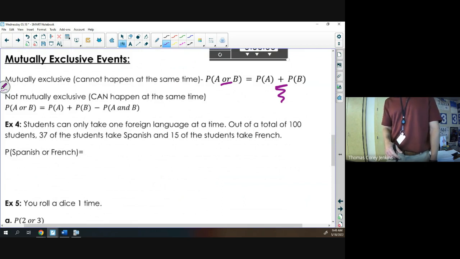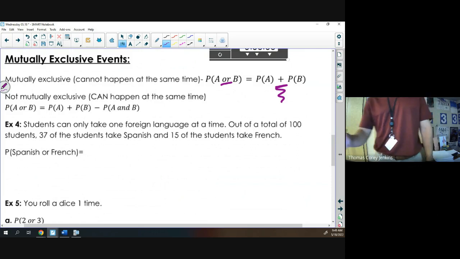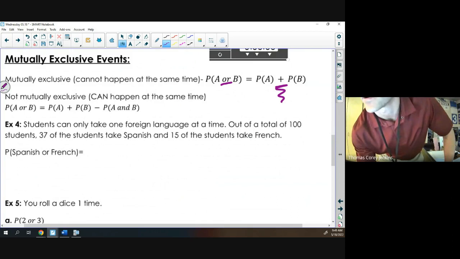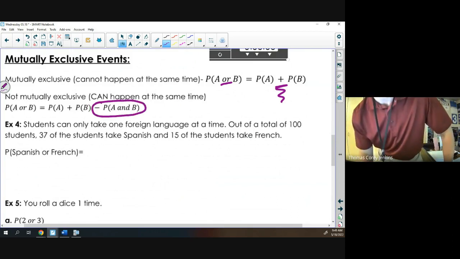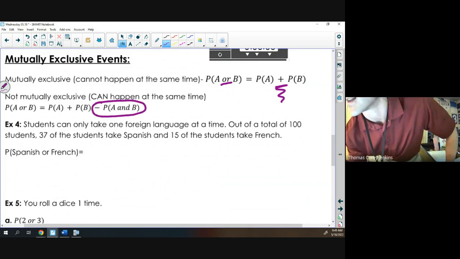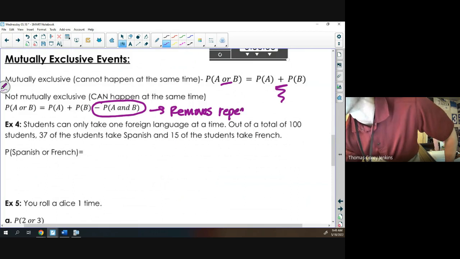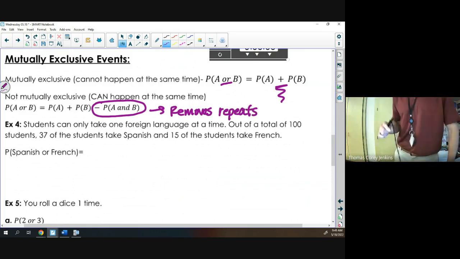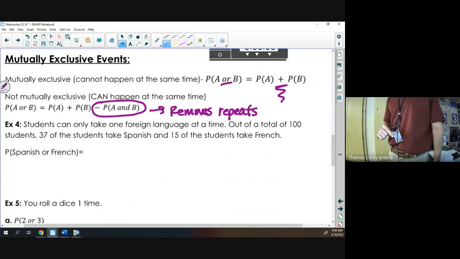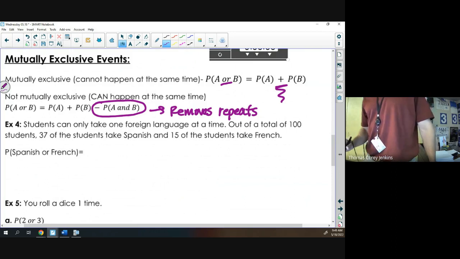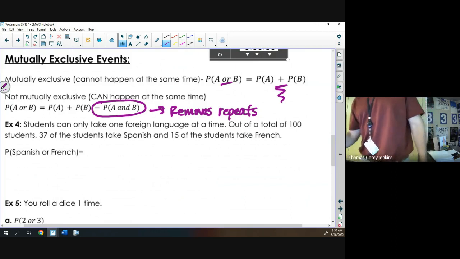If they're not mutually exclusive, and we'll look at an example where this will make more sense, I would circle this minus probability of A and B. What that does is it removes the repeats, or basically keeps us from double counting. You'll see what I mean in a second. We'll get a little bit of each, and then I'll have you do a couple to finish out. Pretty short and sweet.